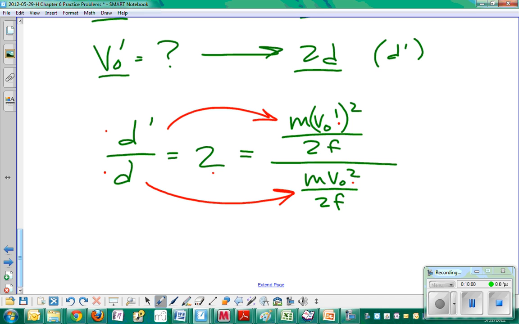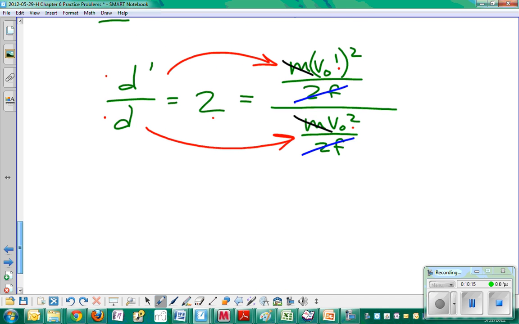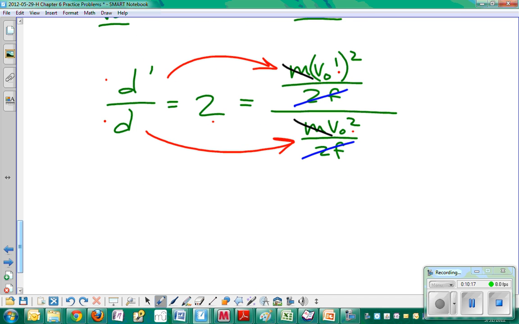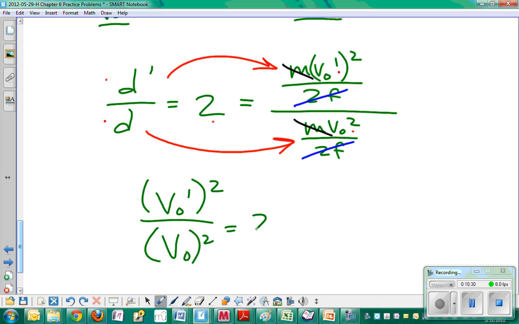And remember why we set things up as ratios? What does it do for us? It allows us to cancel out a bunch of junk. The 2f's cancel out. What else cancels out? The mass. So all we really are saying here, in the final analysis, is that v naught prime squared over v naught squared is equal to 2.